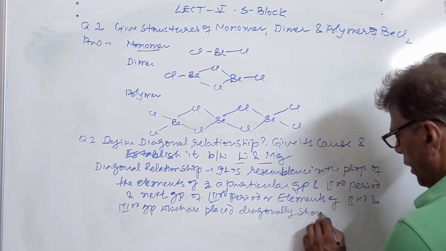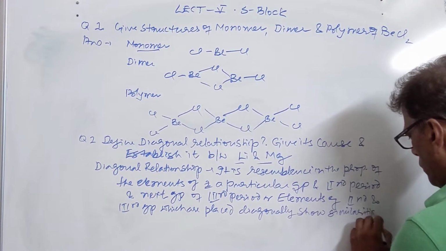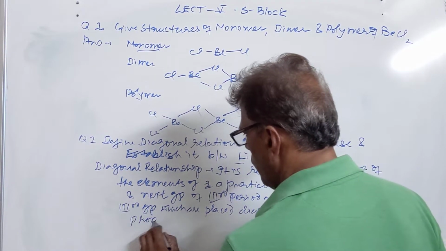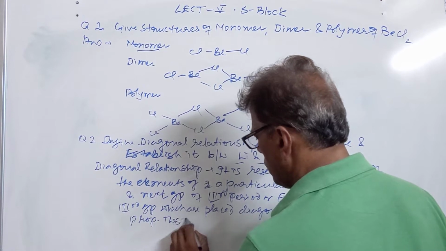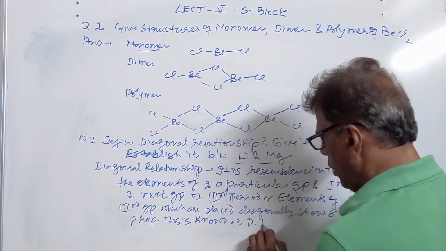So similarities in property, this is known as diagonal relationship.